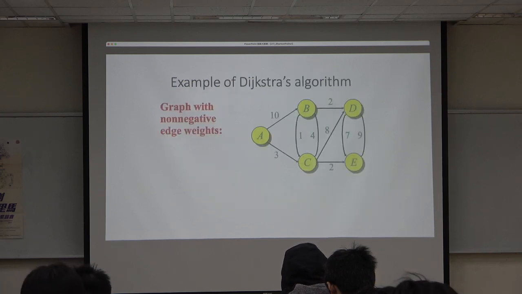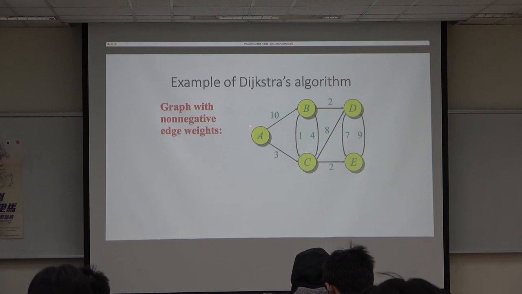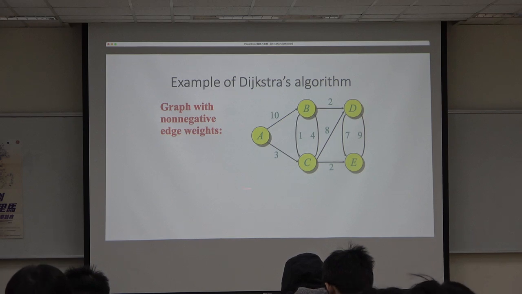So let's look at how this algorithm is executed on a running example. This is a graph with non-negative edge weights, and we have 5 nodes with 9 edges.